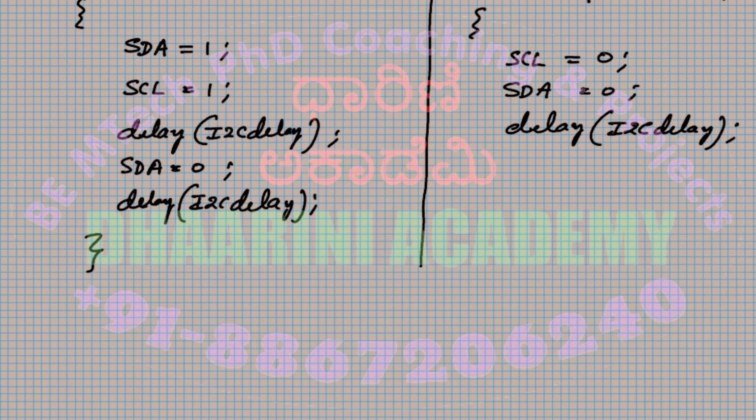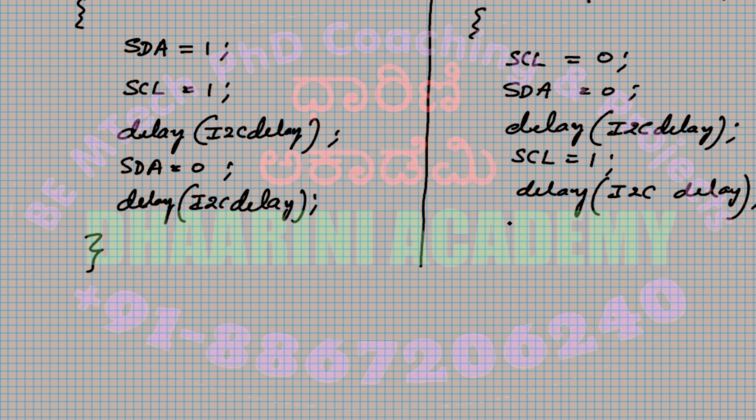Now, followed by this, SCL becomes high, and you call another I2C delay, whatever value I pass.